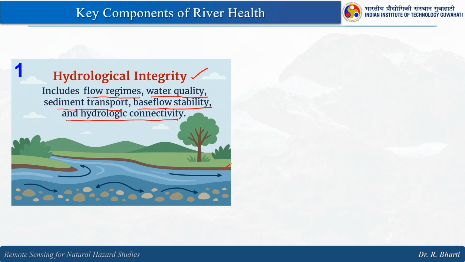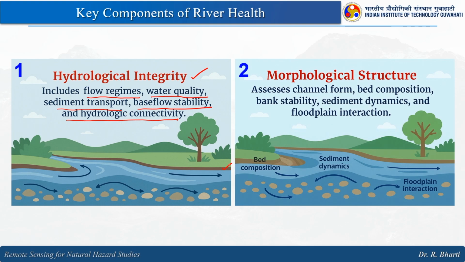Here you can see a conceptual diagram. The second one is the morphological structure. It assesses the channel form, basically the geomorphology, bed composition, bank stability, sediment dynamics and floodplain interaction.